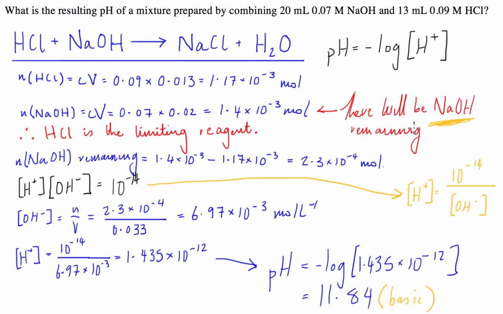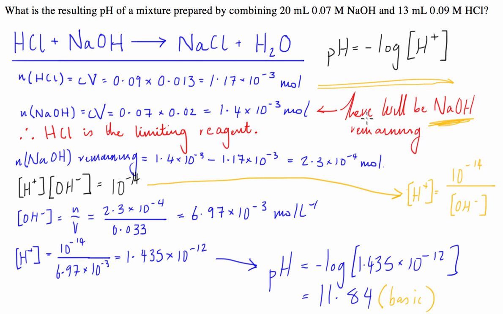So then what we had to do was calculate the number of moles of sodium hydroxide that remained. And because we know that pH is equal to the negative log of the hydrogen ion concentration, we needed to work out what the hydroxide ion concentration was. So we worked that out using number of moles divided by volume.